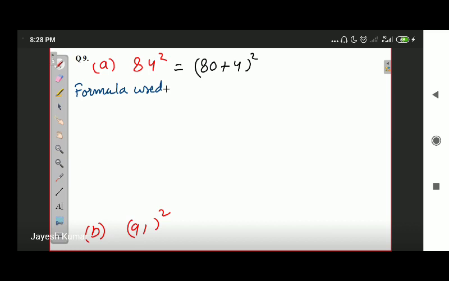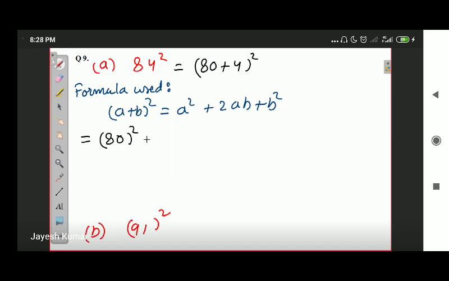The formula used here is the same. (a + b) whole square is equal to a square plus 2ab plus b square. Instead of a, we have 80, and instead of b, we have 4. So this will be 80 square plus 2 into 80 into 4 plus 4 square.